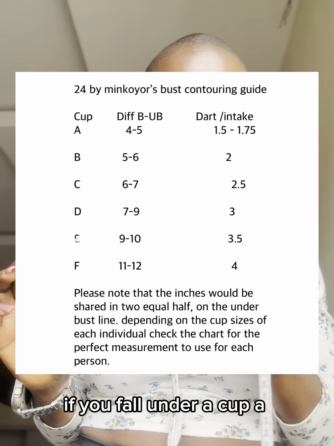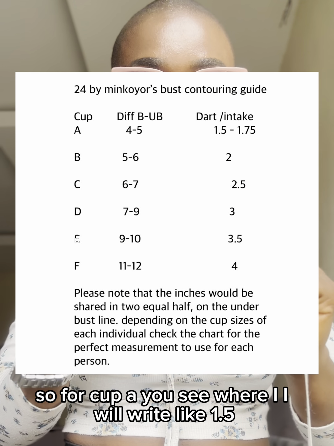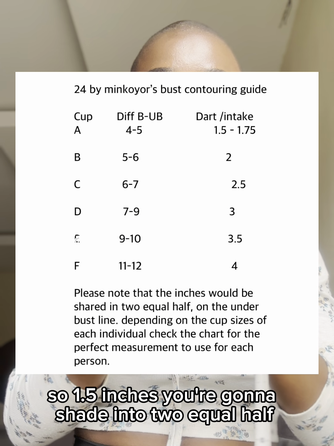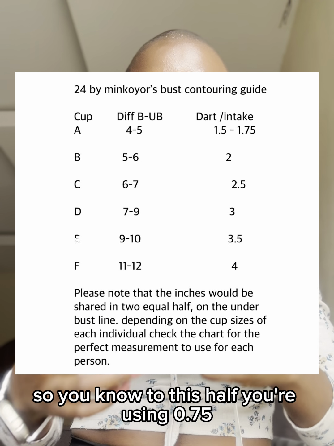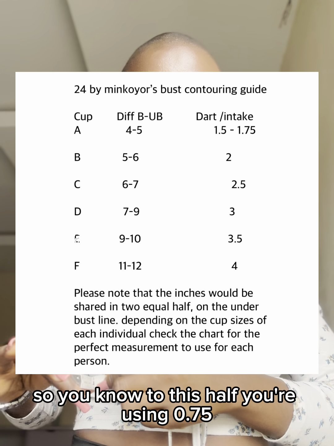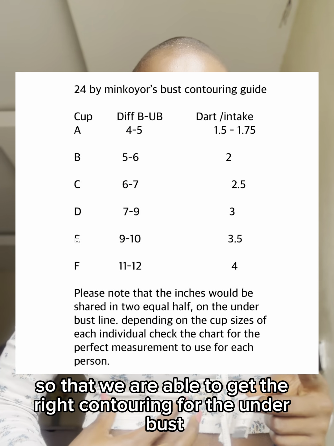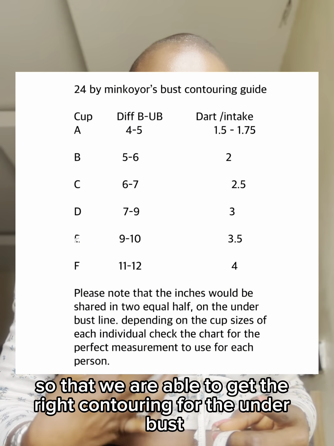If you fall under a cup A, you will see where I will write 1.5. So 1.5 means you're going to share it into 2 equal halves. For this half, you're using 0.75, and for this other half, you're using 0.75. That way you're able to get the right contouring for the underbust.